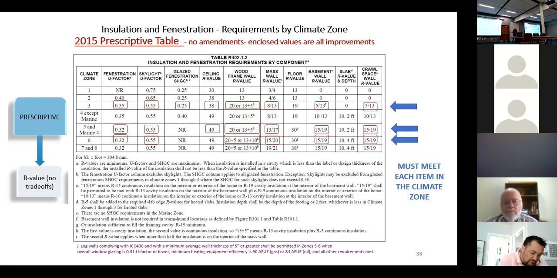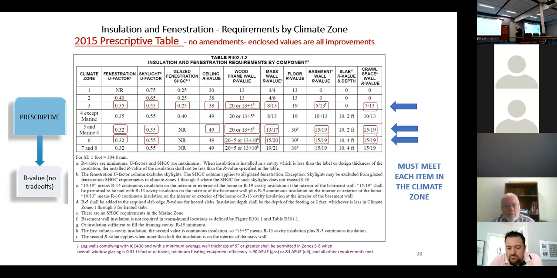Mass wall, basement walls, 15 continuous or 19 in the cavity, and same for crawl space. Whatever components you have in your house, if you meet every one of those, all you'd have to do on the plans is say compliance per prescriptive table, walls, this level of insulation, and just detail those on a sheet on the plan, and then make sure that the sections and elevations showed those R values.